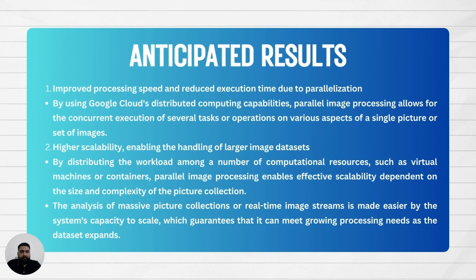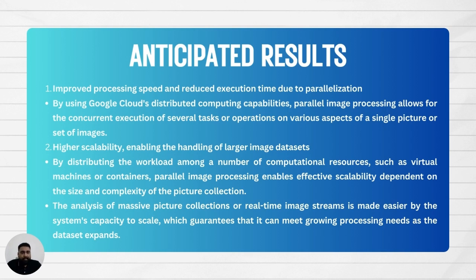Anticipated result: improved processing speed and reduced execution time due to parallelism. By using Google Cloud's distributed computing capabilities, parallel image processing allows for the concurrent execution of several tasks or operations on various aspects of a single picture or set of images. Higher scalability, enabling the handling of larger image datasets.